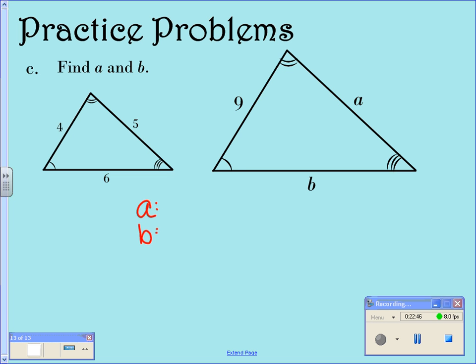Just A and B. What would you set up for your ratios? Will they always be set up such that the 4 and the 9? Okay, just be prepared for that. So what would A equal? What would B equal?